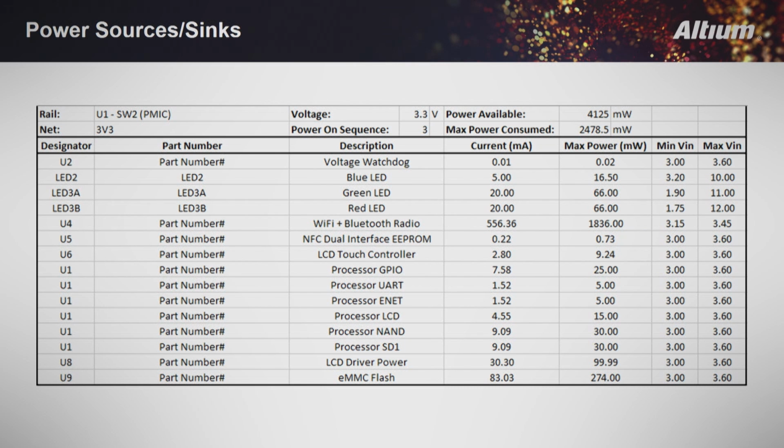So this is my 3v3 rail, and I list all of the sinks on that 3v3 rail and what their max consumption is. This is a pretty docile design that I'm showing here. But this information plugs directly into the PDN analyzer.